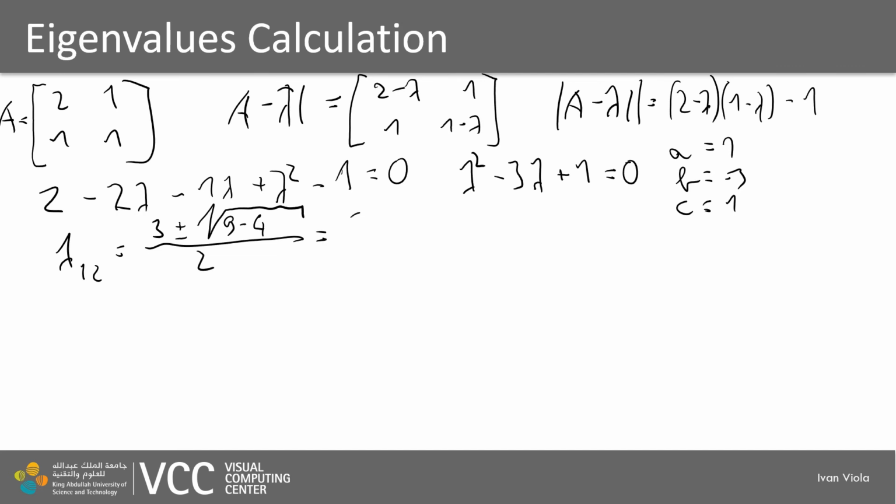This is equal to 3 plus minus square root of 5 divided by 2.